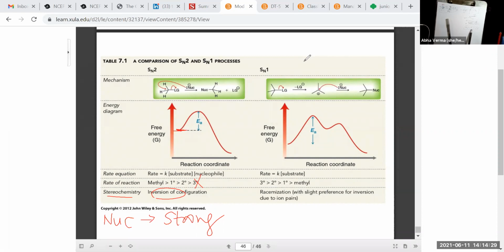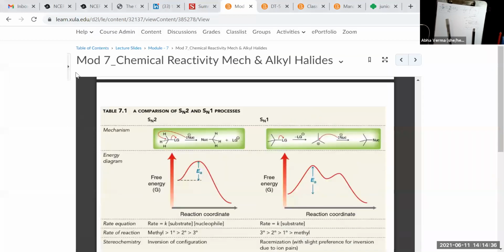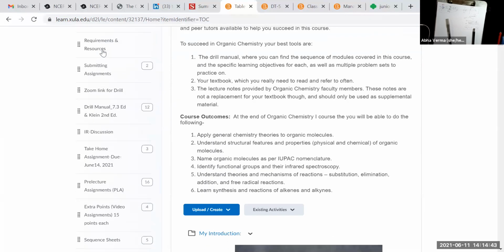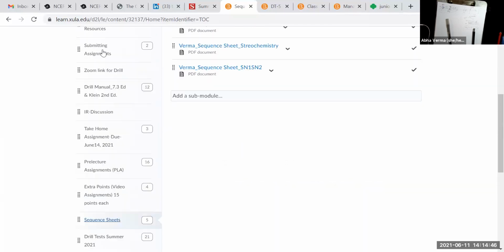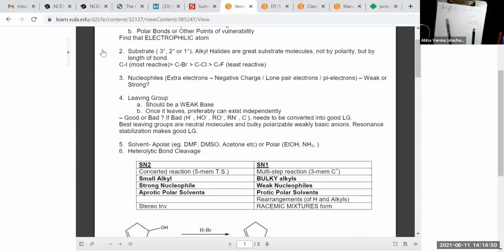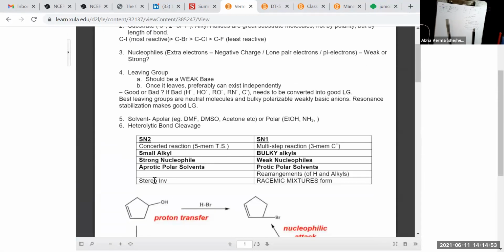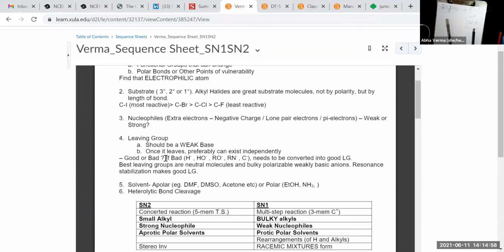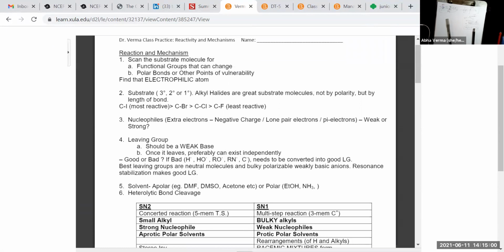And this is what your energy diagram for an SN2 would look like. I think better than this, you can look at the summary sheet that I have prepared, where I've written all the requirements that you need. Whenever you look at any nucleophilic reaction, make sure that you scan the substrate first.